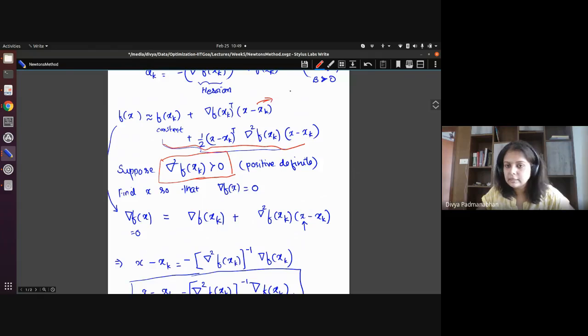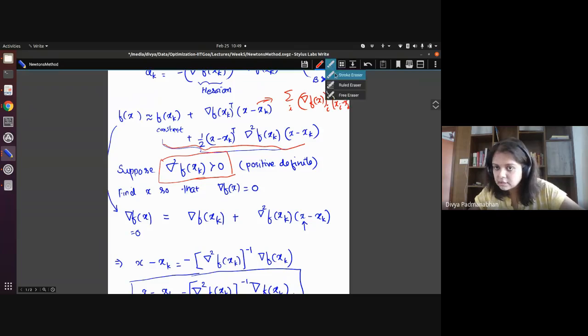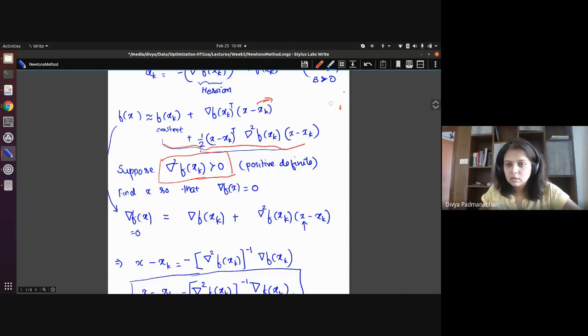If x is in n dimensions, this term is just a summation over i of the ith term of grad f(xk) times (xi minus xk_i), the ith term of x minus the ith term of xk. So when you write grad f(xk) transpose (x minus xk), what we mean is this summation.